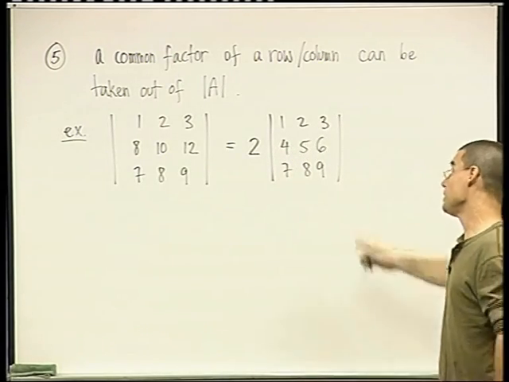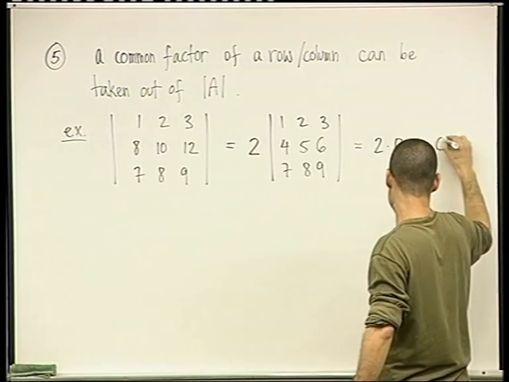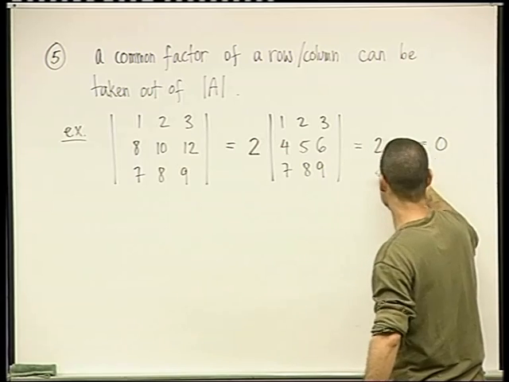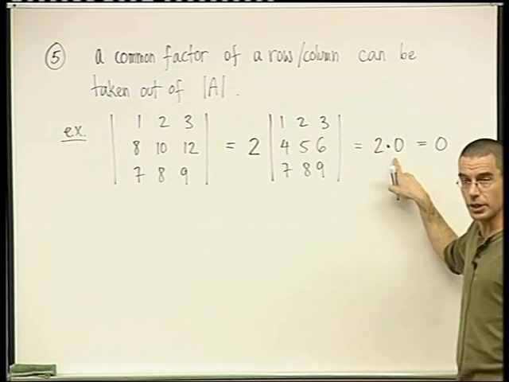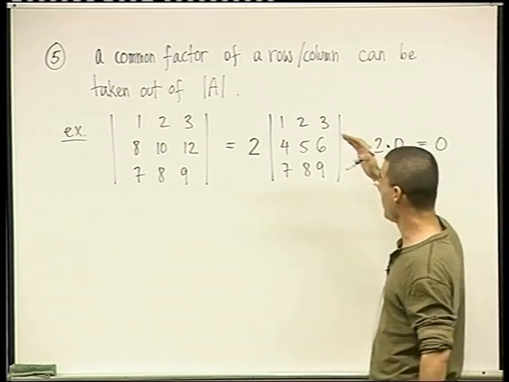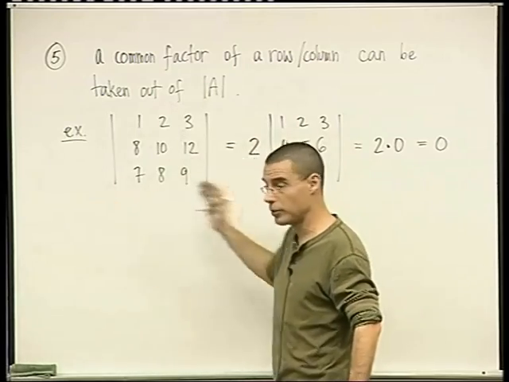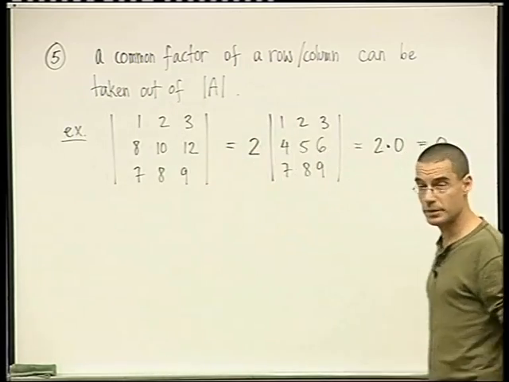And we know that this is 0, therefore this is 2 times 0, which is 0. This is because we calculated this determinant earlier, and we saw that it was 0. So that's what I mean by a common factor of a row or a column can be pulled out of the determinant.